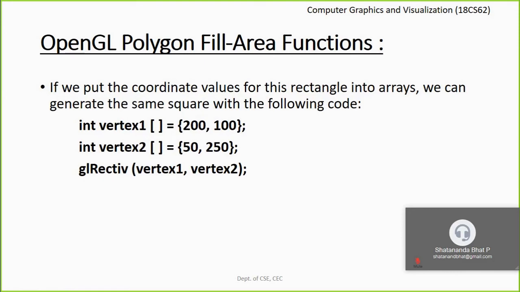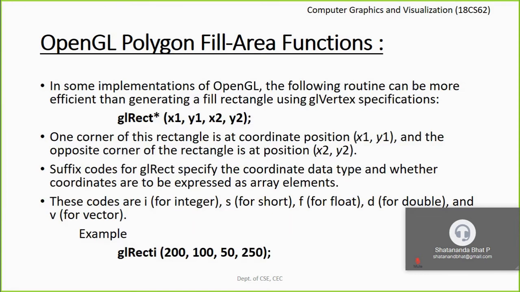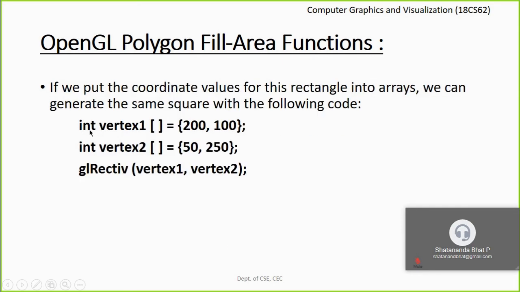If you put the coordinate values for this rectangle into arrays, we can generate the same rectangle. So instead of specifying it like this, we can rewrite it by specifying these two vertex positions in an array, something like this. Vertex array 1 is 200, 100, vertex array 2 is 50, 250, and then we use the suffix v to represent the vector.